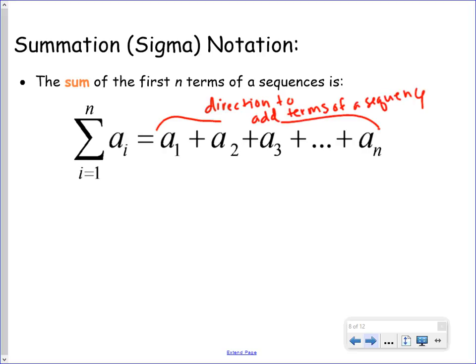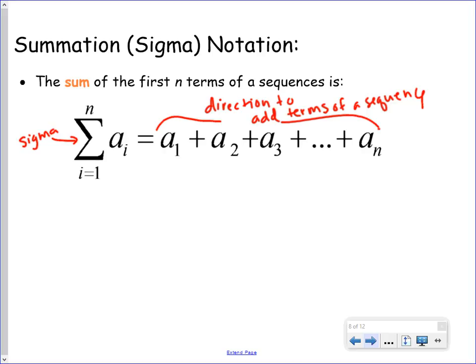So notice on that right side, it just says a sub 1 plus a sub 2 plus a sub 3 plus a sub 4, and so on, all the way up to a sub n. Add all those terms in the sequence together. That's what that summation notation says. This is the Greek letter sigma, so I'm going to label this. That's why it's sometimes called summation or sigma notation.